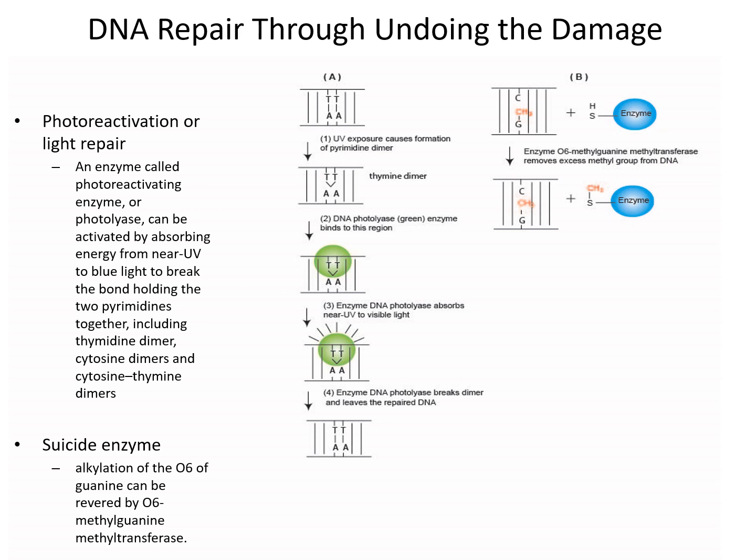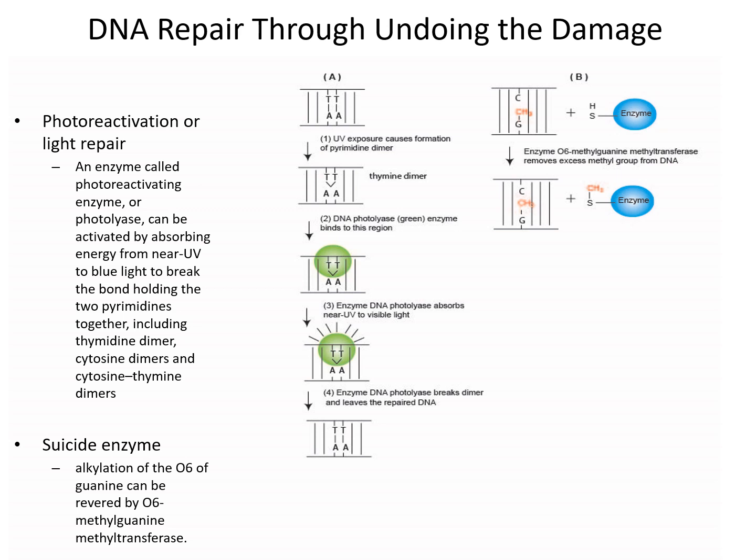And another one is the suicide enzyme. Alkylation of the O6 of guanine can be reversed by O6-methylguanine methyltransferase. You can see there's an enzyme, and here's the O6 of guanine alkylation.